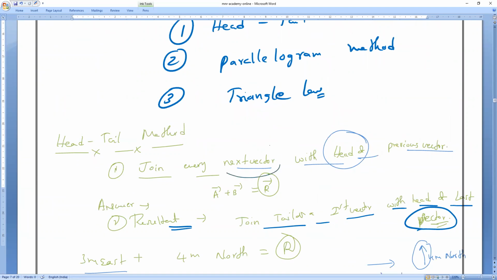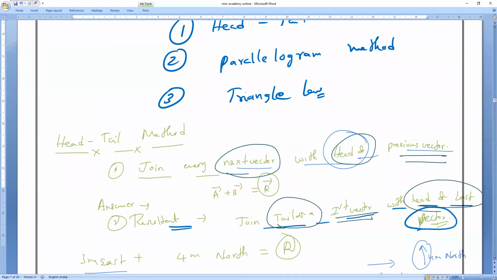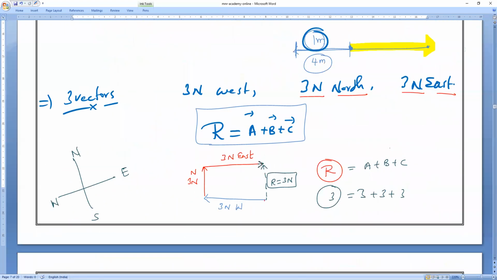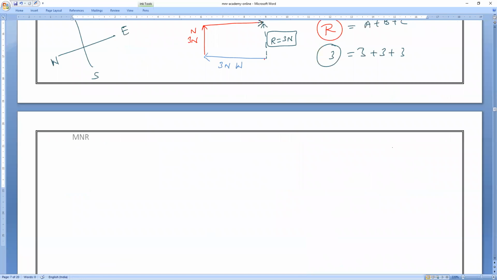Join every next vector with the head of the previous vector. Next, the resultant vector is obtained by joining the tail of the first vector with the head of the last vector. That's all. Vector addition, first method, is what we call the head and tail method.